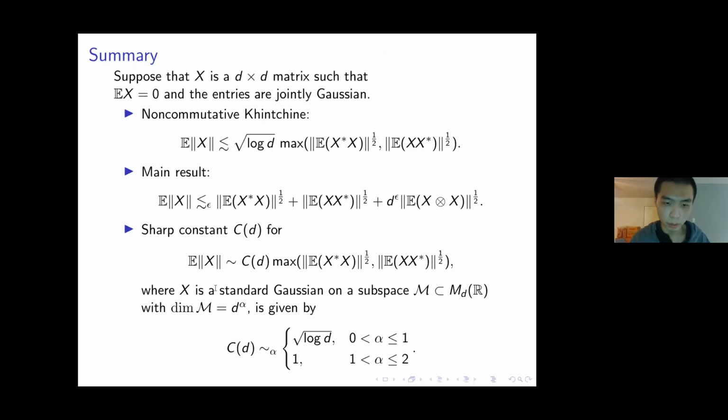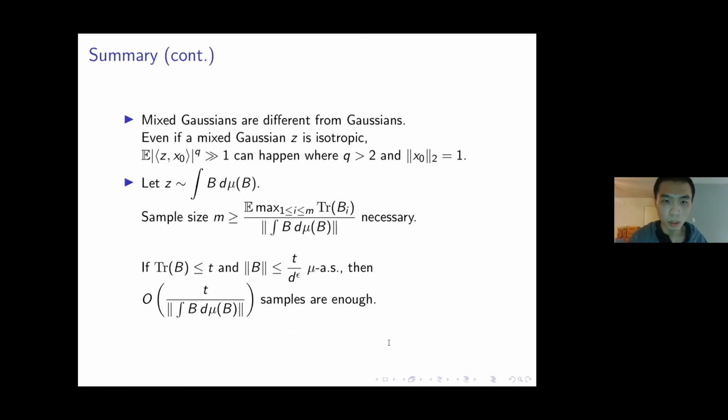As a consequence, for standard Gaussian, again, up to a constant, less than or equal to this. For standard Gaussian, we have this sharp constant, up to a dimension-free alpha. And then for mixed Gaussian, the number of samples needed, it is necessary that it satisfies this, but somehow this is also sufficient if it is thick enough.